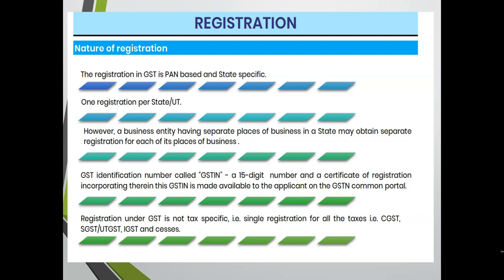First two digits, state code. The next 10 digits would be the PAN. If it is a partnership firm registering, the PAN of the partnership firm. If it is an individual, the next 10 digits would be the PAN. So 10 plus 2, 12 over.